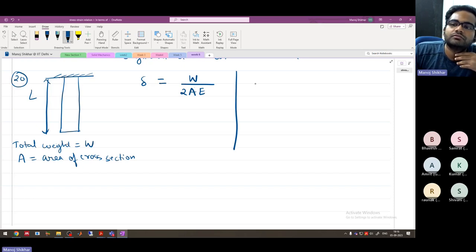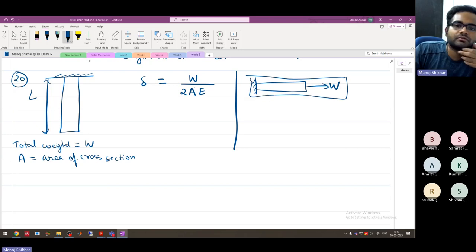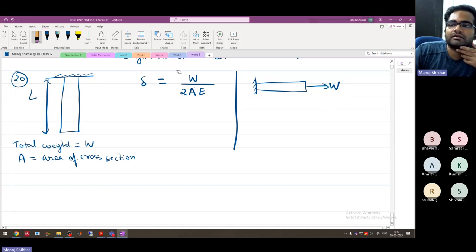In scenario 2, you're applying the same force W. This is on a horizontal table, so the effect of gravity is not there.